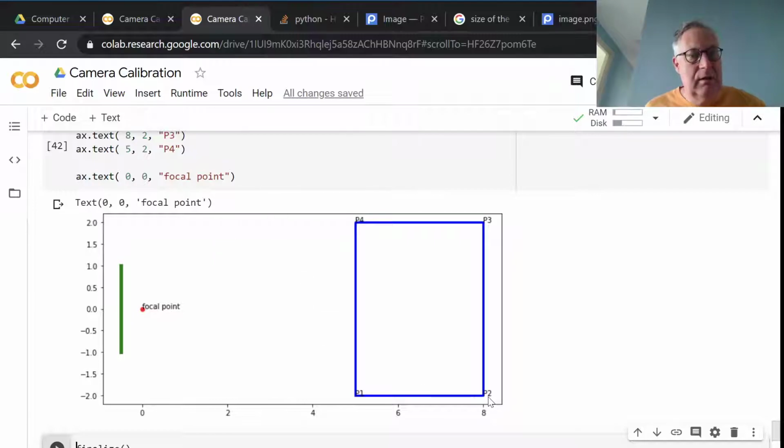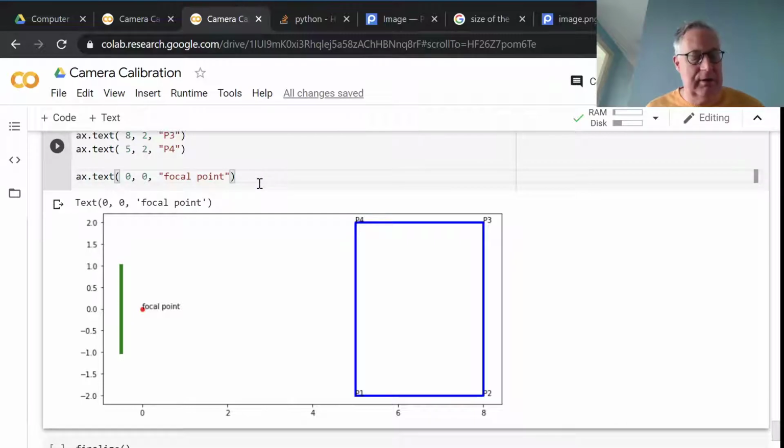Now, if my camera looks at P1, the light reflected from P1 has to travel through exactly this point, and then the coordinate in the image plane that we're recording will be wherever that line strikes the image plane. So let's draw this one.